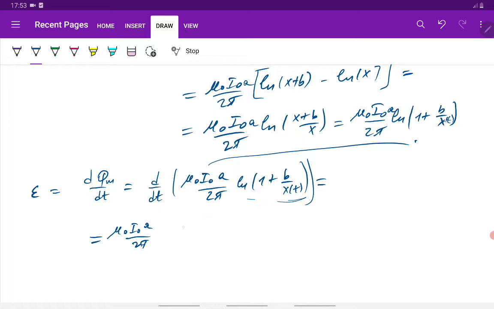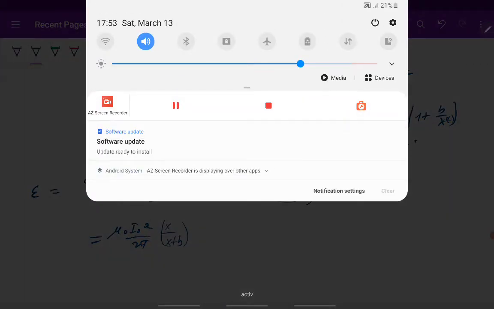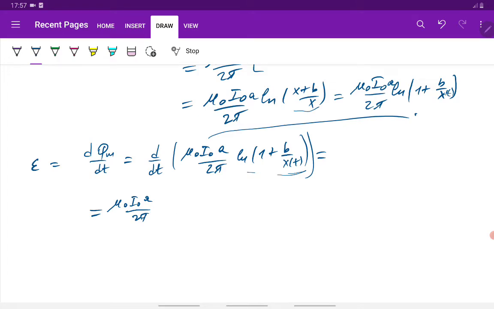So let's write it this way: x over x plus b. Actually, let me think about this. I apologize, I'm still taking the derivative of this function.